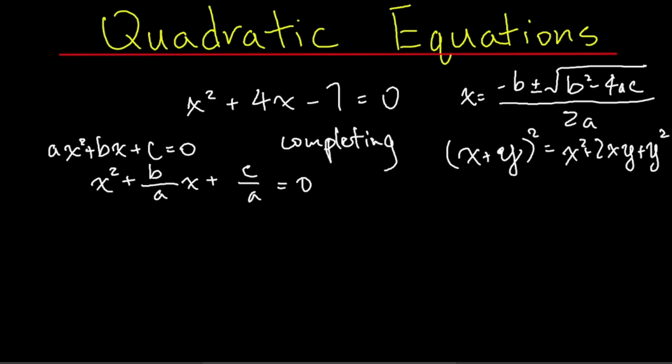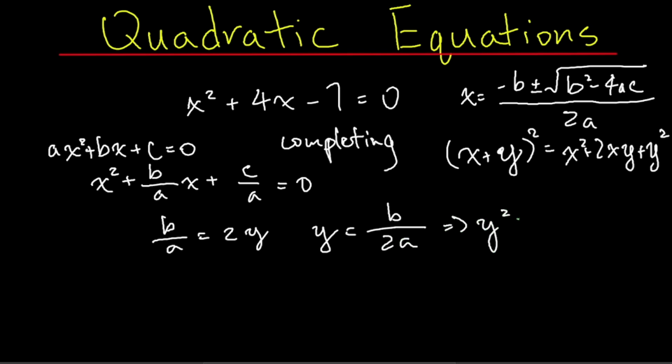That's great. And we have an x here, which matches this thing. So that means b over a must be 2y. So if we let b over a equal 2y, we can get that y is equal to b over 2a. And therefore, y squared would be b squared over 4a squared.